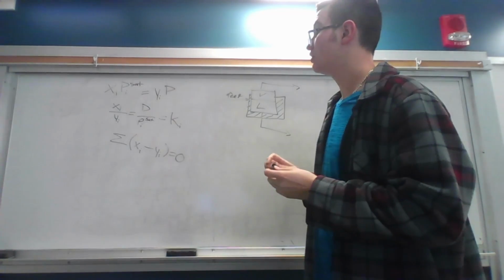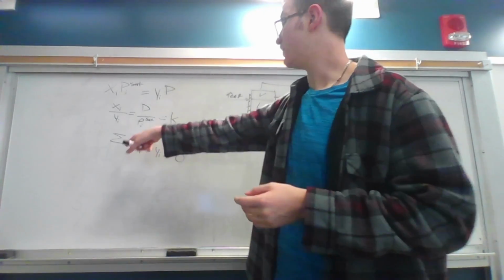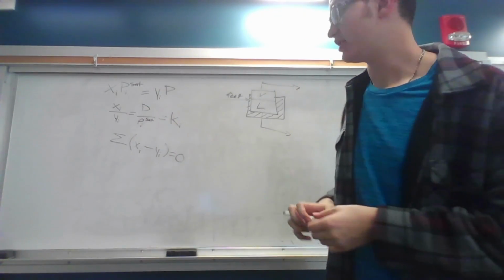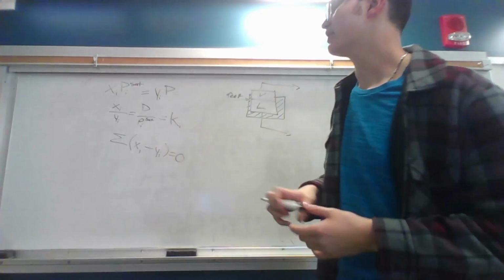Now, if you look at this, we have yi here, we have xi here. And we really only want one for use later, because we really only have one equation, we want one variable.